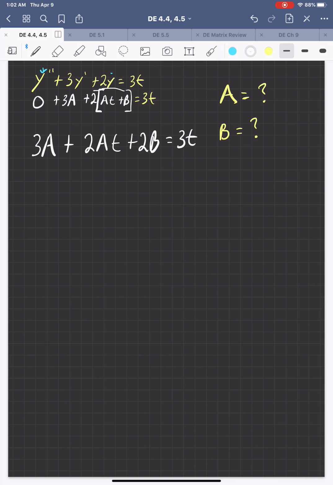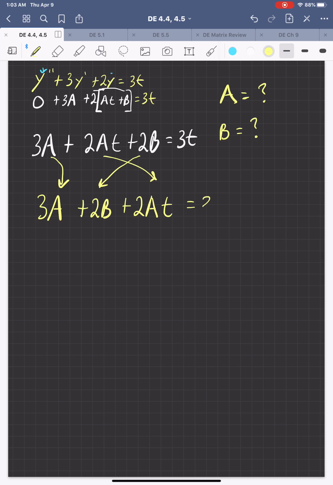Now notice that of our terms, this is the only term that has a t variable attached to it. This is a constant 2b, and this is a constant 3a. So let's put the constants beside each other, and then let's put the variable with the t by itself. So this is going to be 3a plus 2b plus 2at is equal to 3t.